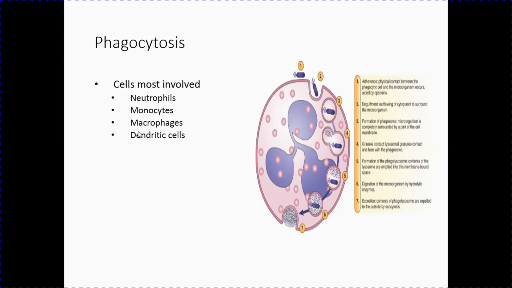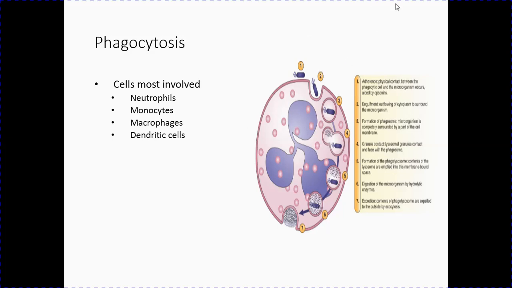So let's look at this process and see how phagocytosis works. We see that there is a pathogen outside of the cell, and it has been recognized as something foreign. This could be a particle that needed to be destroyed, but in this case, this is a pathogen.